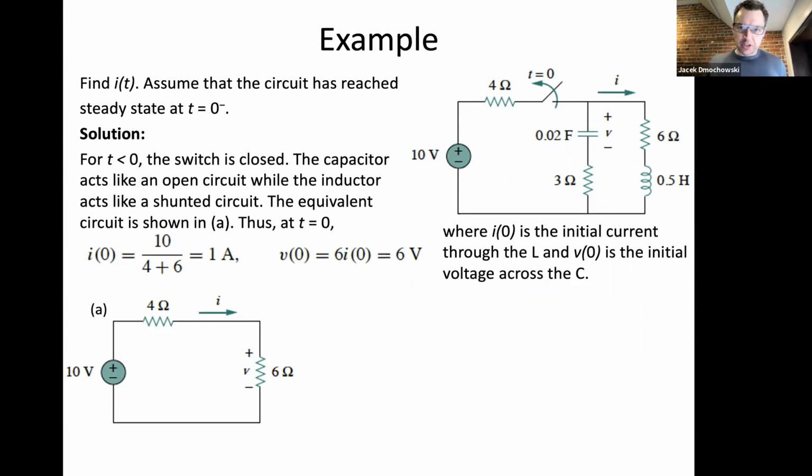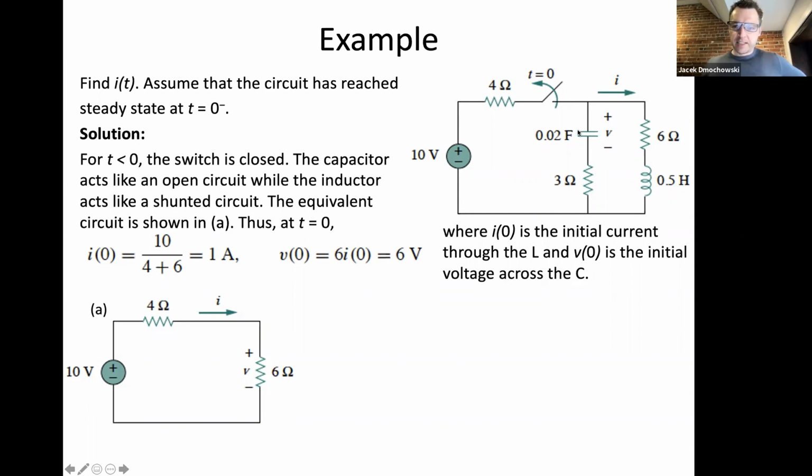Otherwise, we proceed. Oh, we have a question. Okay, so the capacitor is open circuited. So this is an open circuit, which means there's no current flowing here, so you can just ignore it.